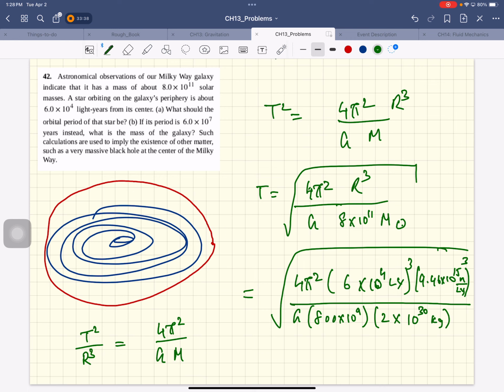When you're doing calculations like this, you're dealing with a lot of large numbers. And like I said again, you want to take care of the powers of 10 in your head. So watch this. That's 15 and 4 is 19. 19 times 3 is 57.